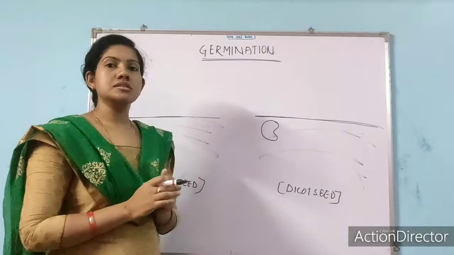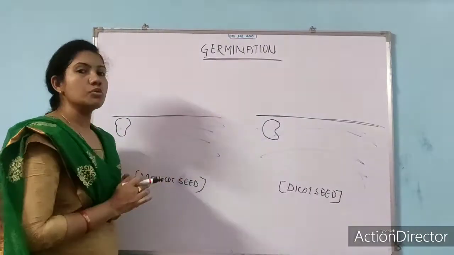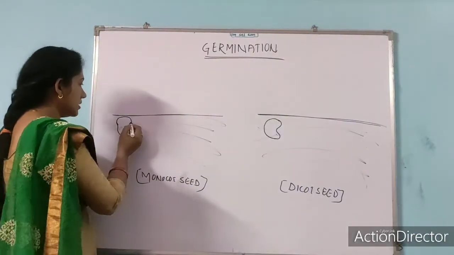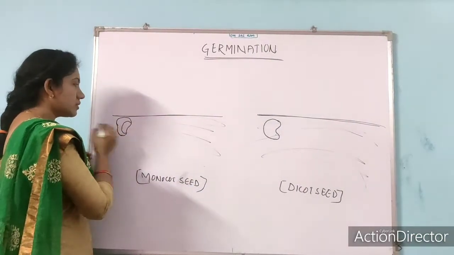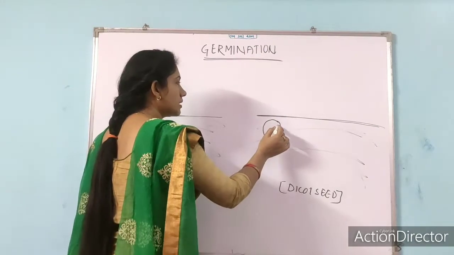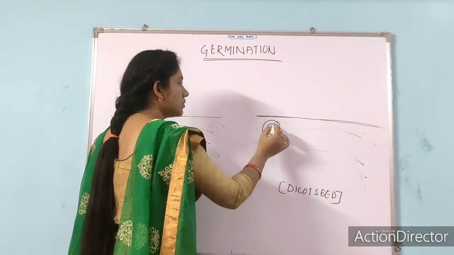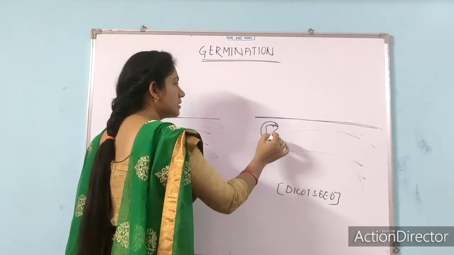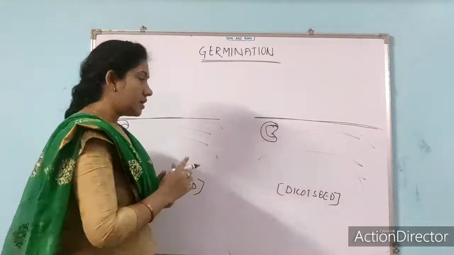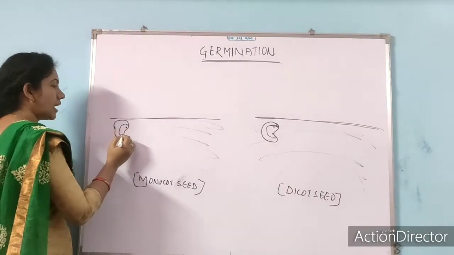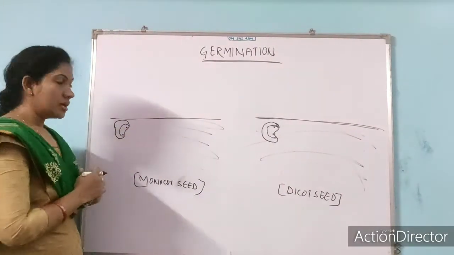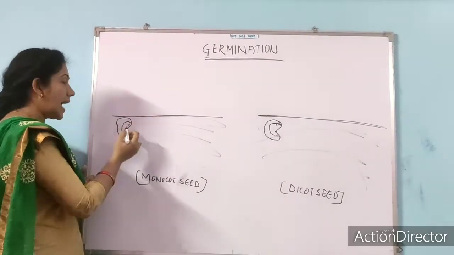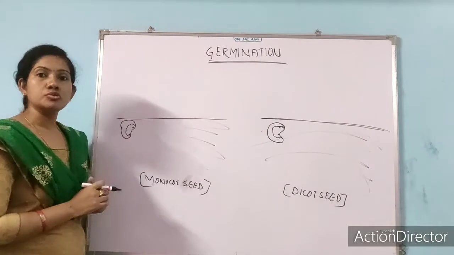So here this is the dicot seed and this is the monocot seed. We have already discussed the plumule and radicle. Here this is the embryo, and here also it contains the embryo. It has plumule and radicle. So these plumules will develop into shoot, and these radicles will develop into root.